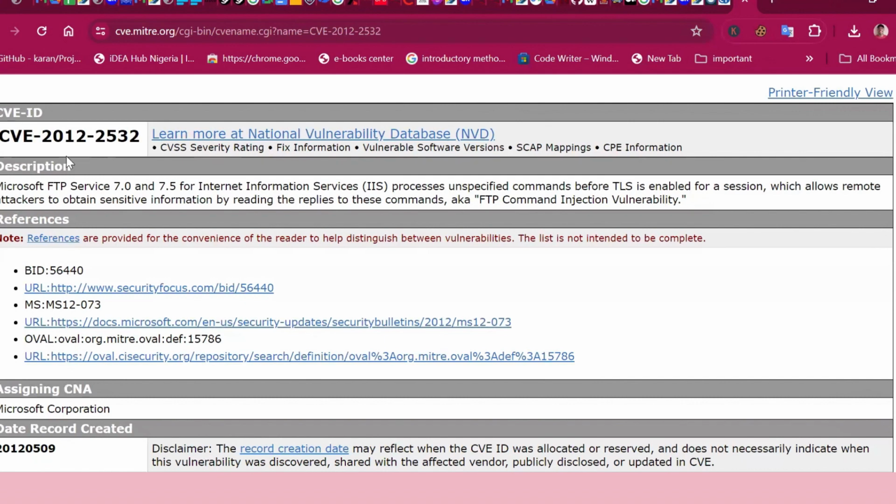So this is an old vulnerability, and I assume the reason is that it's not patched is because they said everything is still default. So they've not patched or updated this service.